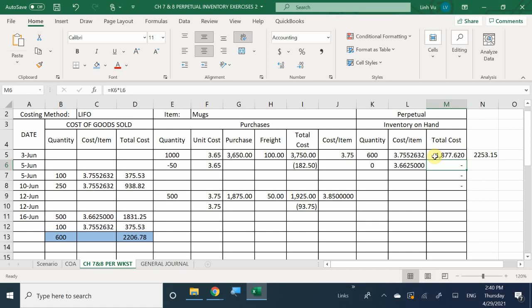Whatever we originally purchased our entire batch for is exactly what we're going to cost the goods sold for. So again, there's the matching principle. You can't have one extra penny sold when in reality you only had this much available.